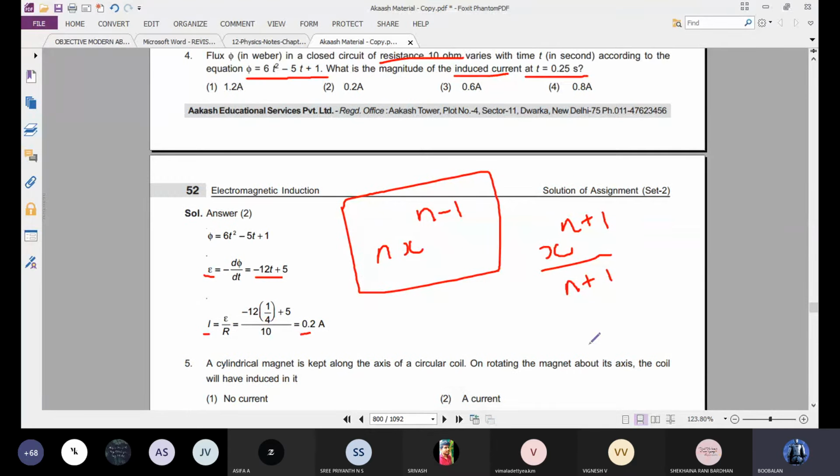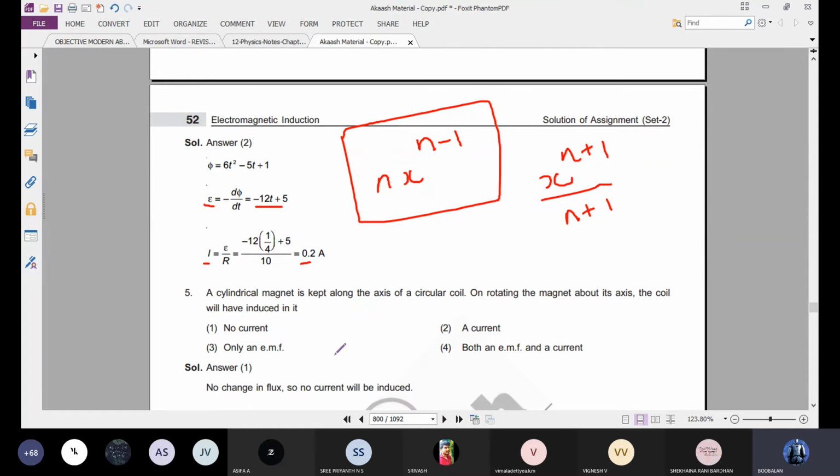Problem number 4. Next one: a cylindrical magnet is kept along the axis of a circular coil.